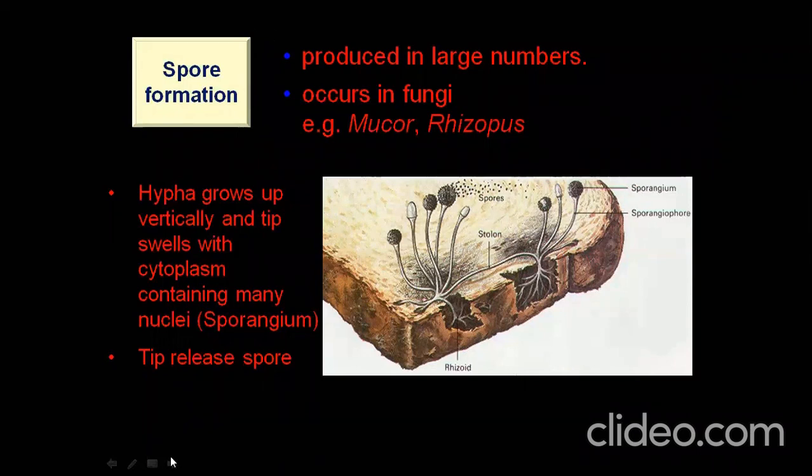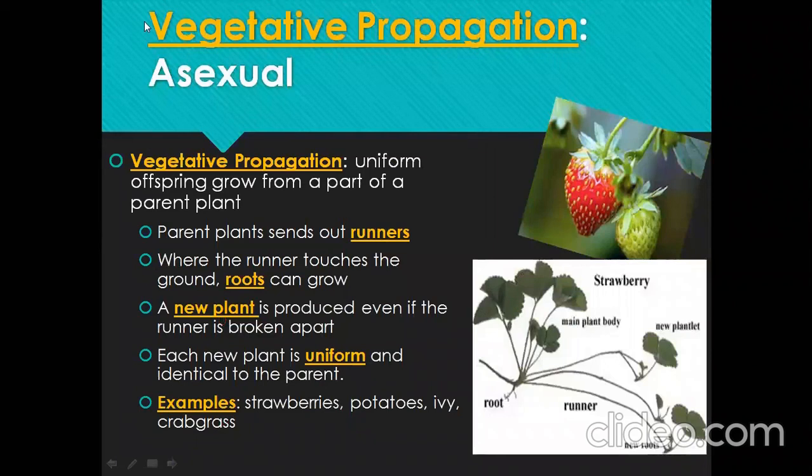All right. Now, vegetative propagation. It's also an example of asexual reproduction. In vegetative propagation, uniform offspring grow from a part of the parent plant. Another offspring develops that is similar to the original parent, developed from a part of the plant.